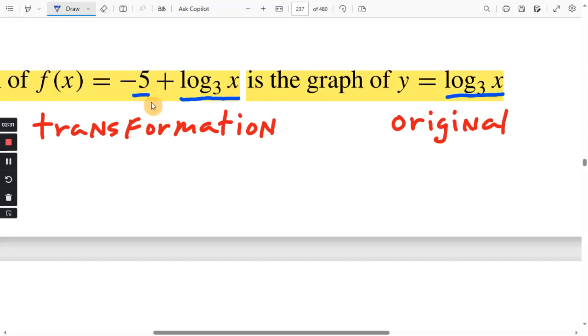What does the minus 5 do? That makes it shift down by 5 units. So we've covered that before, and the transformations apply to the log functions just the same.